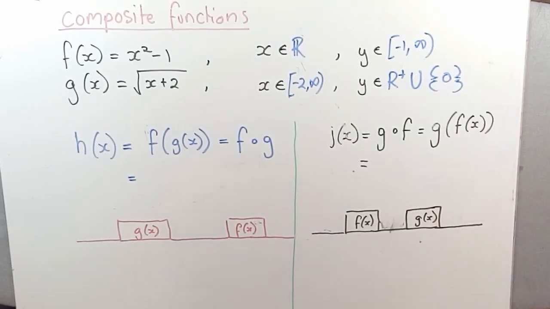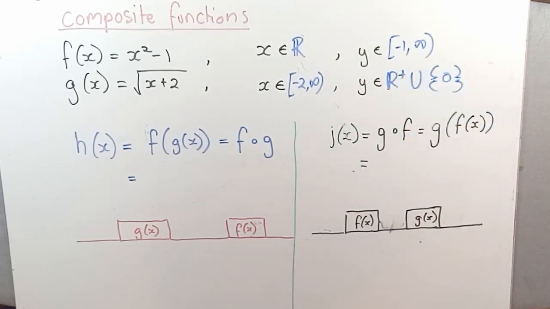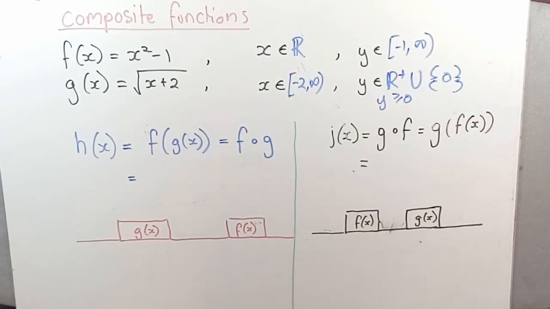Hopefully that makes sense to people. The other way I could have written that is just y is greater than or equal to 0. That's the easiest way to write it, I suppose. This is the cumbersome way, but it often happens in Methods, so it's good to be aware of both.